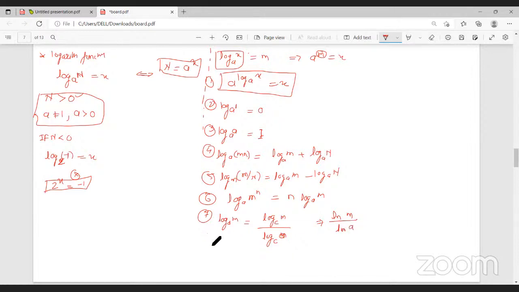Any other properties remaining? Yes sir, one more thing. Base power: log of m to the base a is equal to 1 upon log of a to the base m, right?